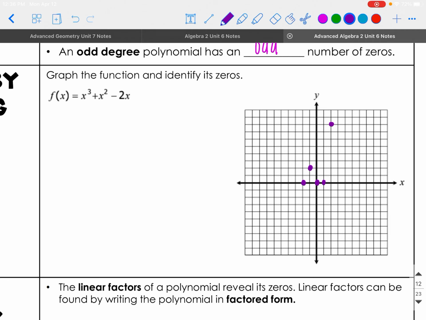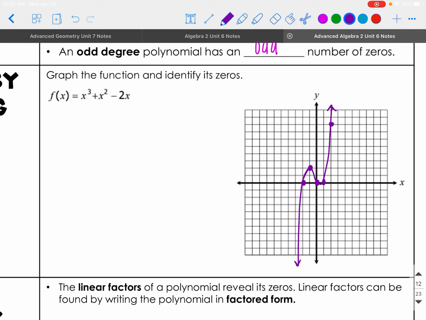And then if I click the graph button, I can actually look at it and sketch it out. I think it's easier to get that little middle section where all the turns are and then add in the ends. Makes it easier.